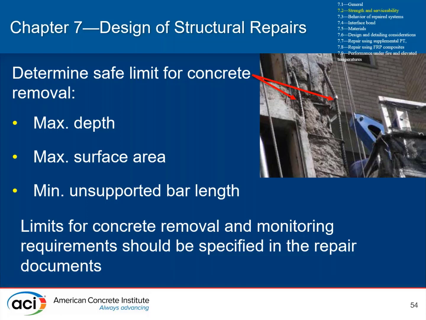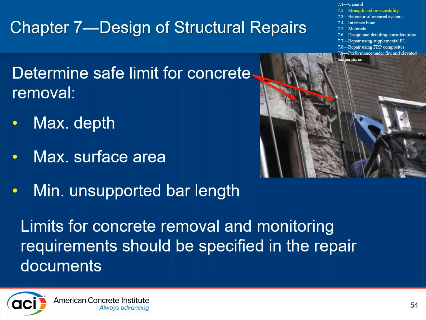So considering these aspects when replacing sections of a column or other members really has to be evaluated. Considering the maximum amount of surface area or the unsupported bar lengths, etc., can be very impactful to the structure.